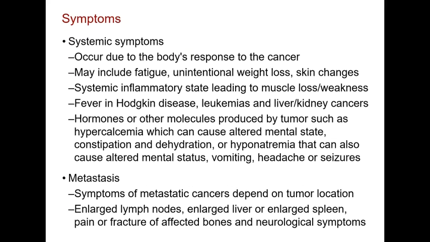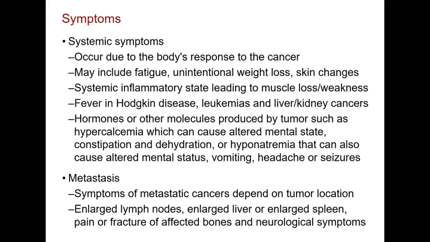Then there can be systemic symptoms, meaning those symptoms that occur throughout the body. These occur due to the body's response to cancer and can include fatigue, unintentional weight loss, and changes in skin. So skin may become dry, patchy, discolored, or similar things can happen. A systemic inflammatory state can also happen, which can lead to muscle loss and weakness.